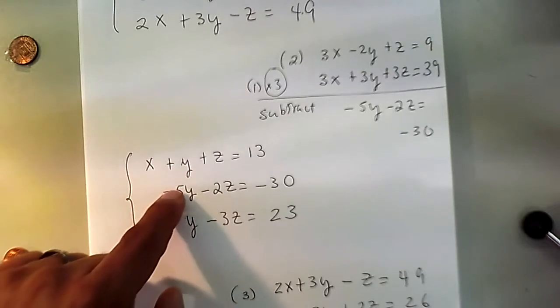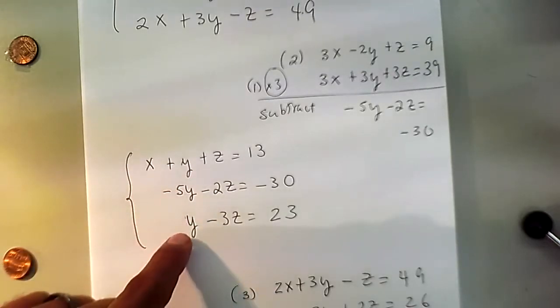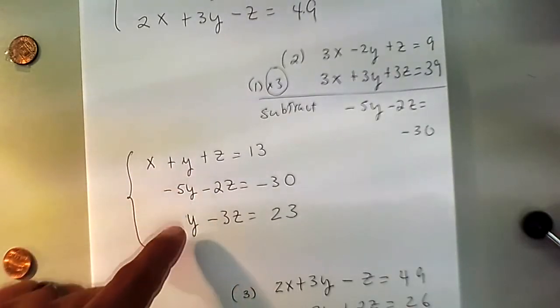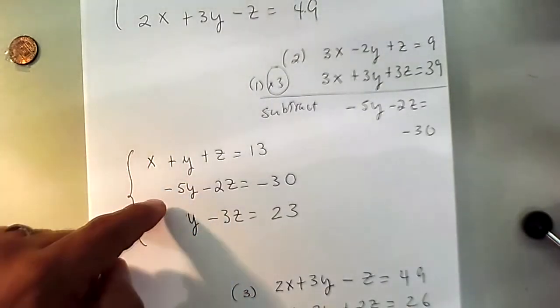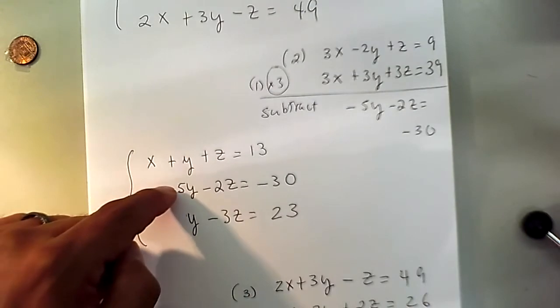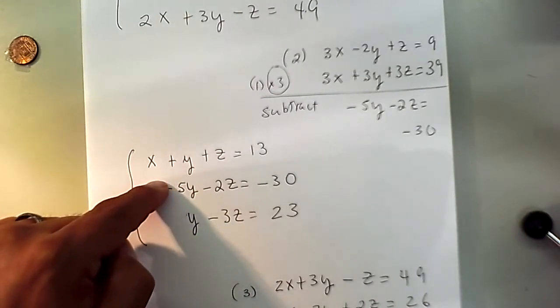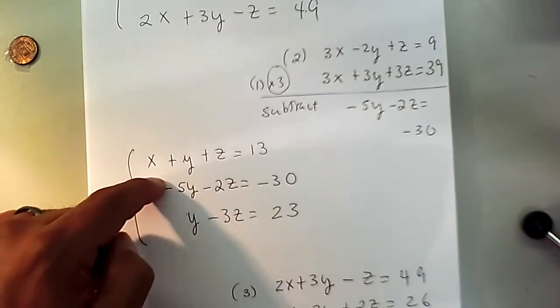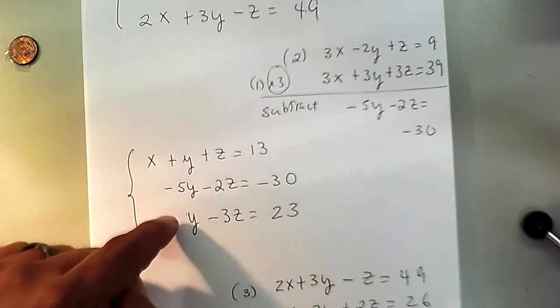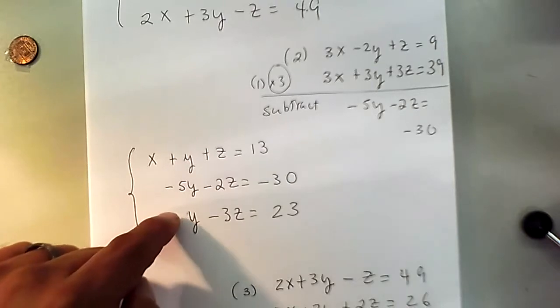So we have to multiply this equation by a number so that after multiplying, we get a coefficient matching this coefficient, which is 1.